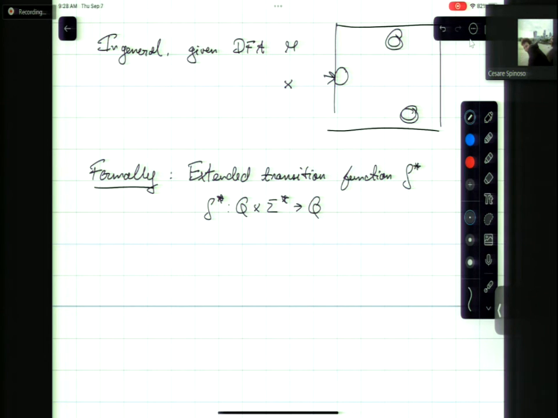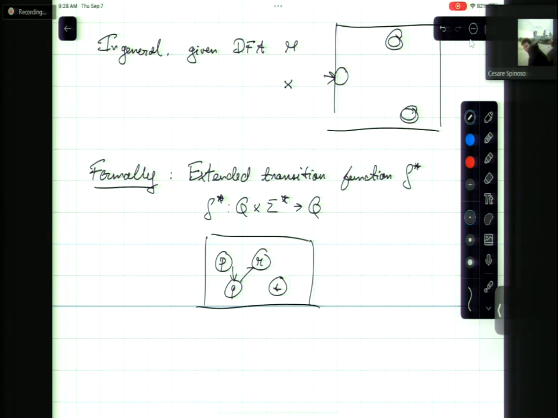So, for instance, if I have some machine, and I have a state P, and then I have some intermediate states, and maybe I have a connection like this, and I have A, B, A, right?